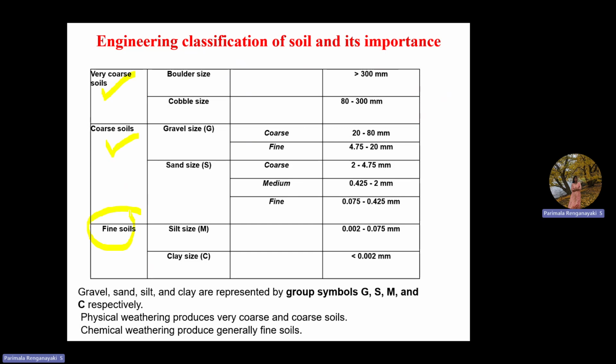Whereas chemical weathering is the reason for fine soil. So what are the chemical weathering processes? Oxidation, hydration, colloids, all these are the reason for fine soil due to chemical weathering. Now let us see how it looks and practically where it is used.